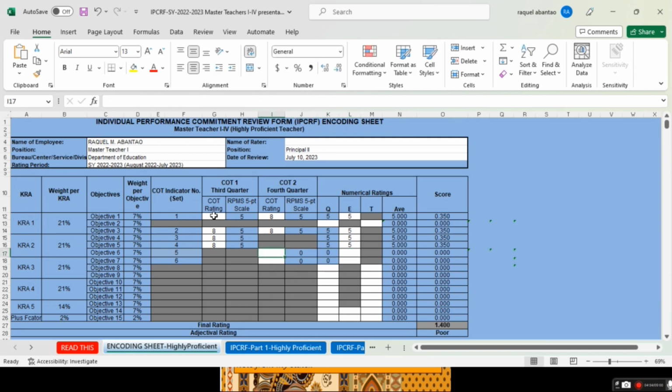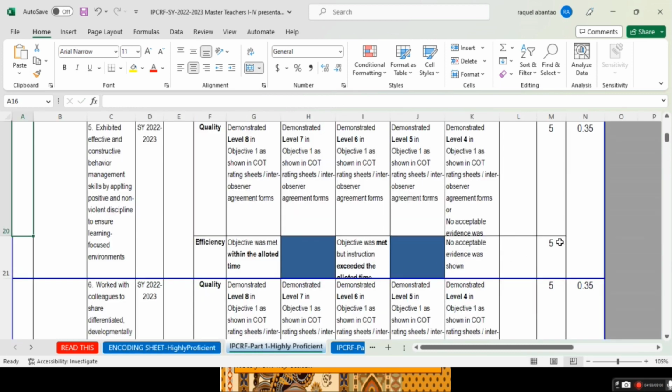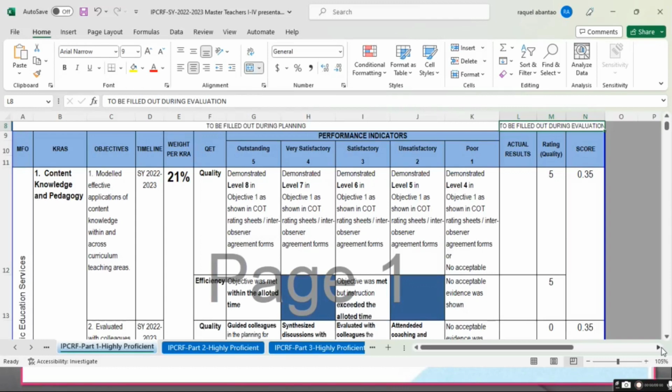Para sa objective number 6, yung fourth quarter classroom observation rating lang po ang ilalagay natin. That's 8. So, nagbigay na yan ng 5 na score. And then, efficiency 5. Tapos, for objective number 7, fourth quarter score, and then efficiency 5. Okay? So, meron na tayong encoded na IPCRF, and that IPCRF Part 1.